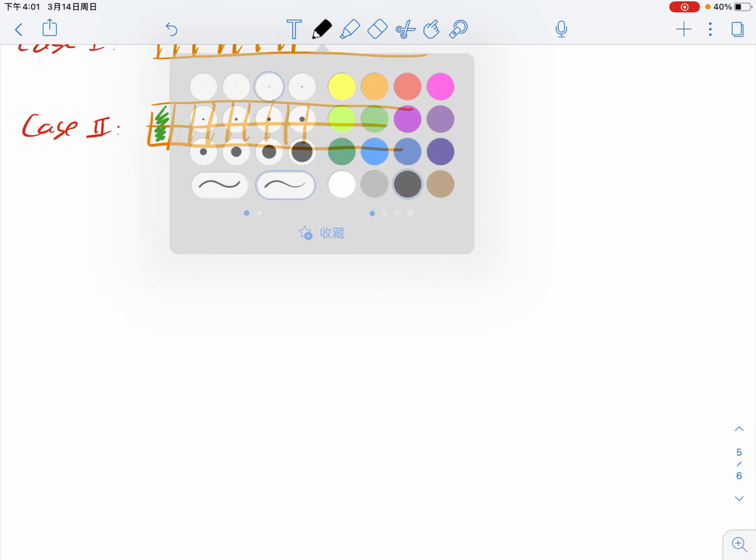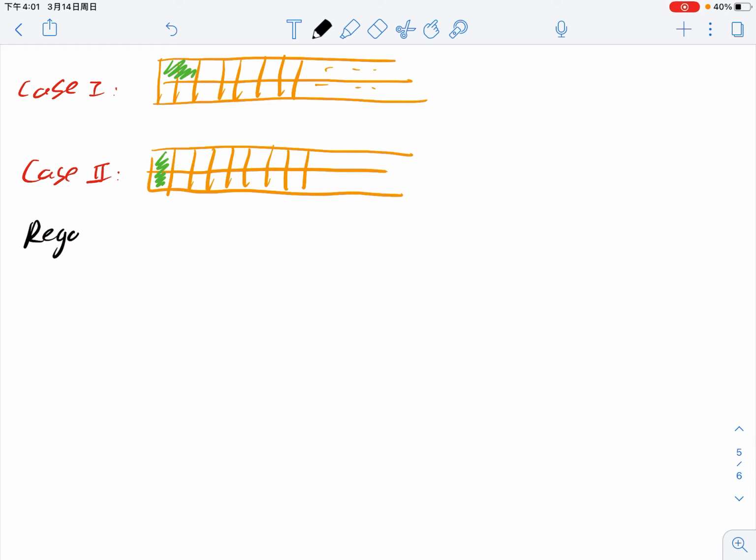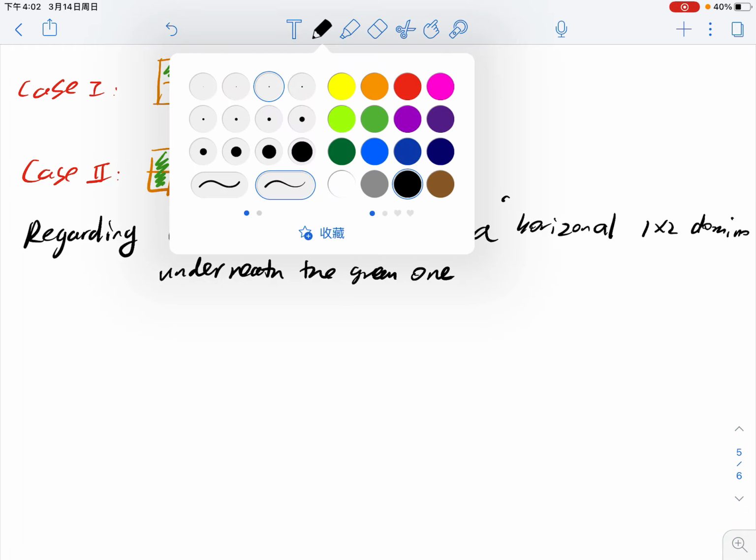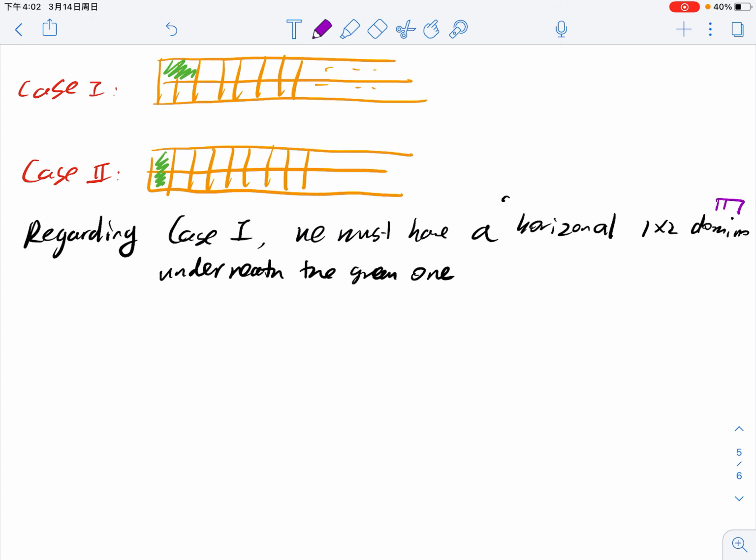And then regarding case 1, we must have a horizontal 1 by 2 domino underneath the green one. You must have this one to match it up. Otherwise, you cannot have a perfect covering.